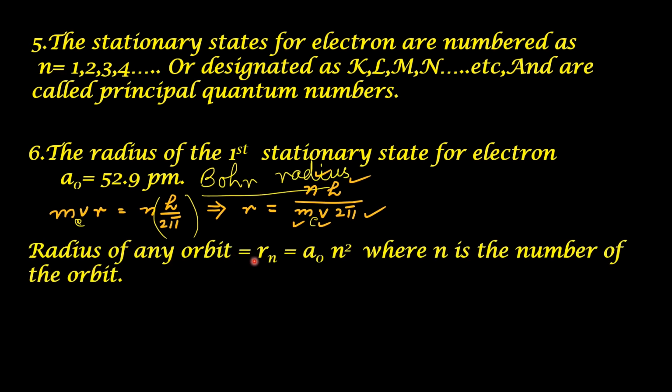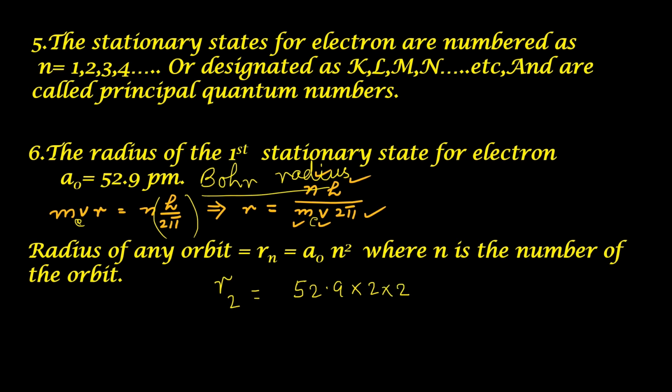Radius of any orbit can be calculated from Bohr radius. The radius of any orbit Rn is equal to a naught times n square, where n is the number of the orbit. Using this formula, the radius of any orbit can be calculated. For example, for R2, that is the radius of the second orbit, it will be equal to 52.9 into 2 into 2.